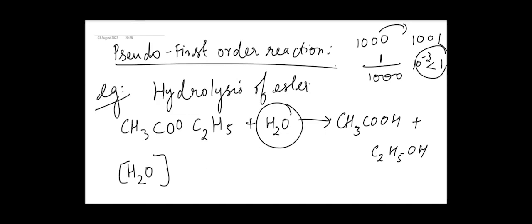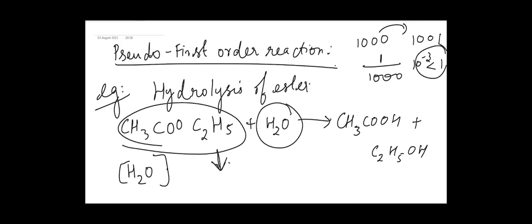So similarly, as the concentration of water is very large, as the reaction proceeds, the concentration of water does not change much, as the concentration is always large. But the concentration of this ester is very less when compared to the concentration of water.